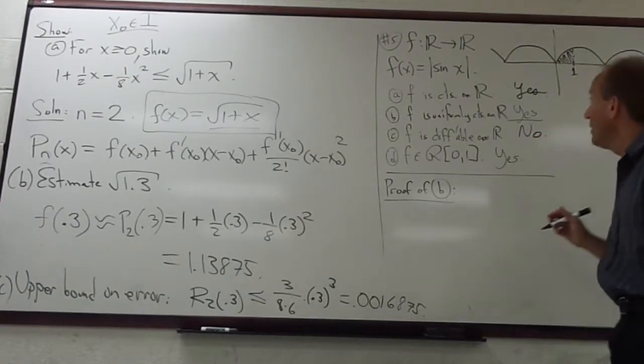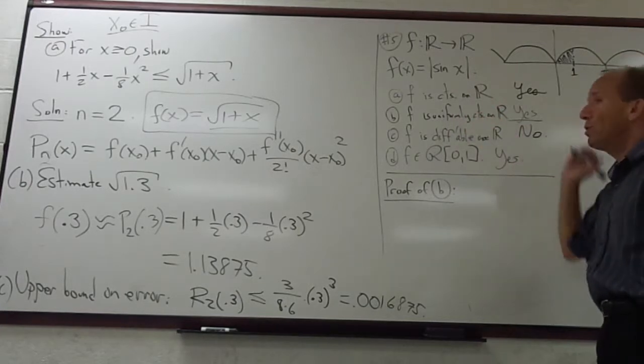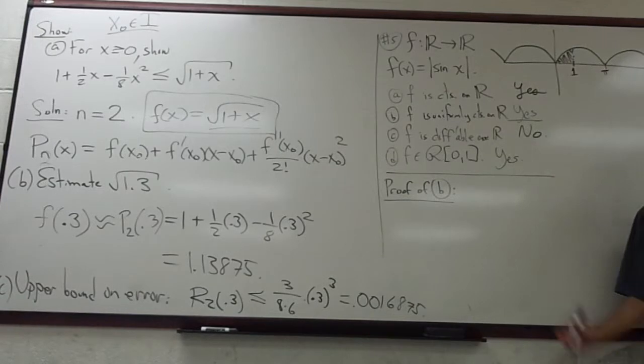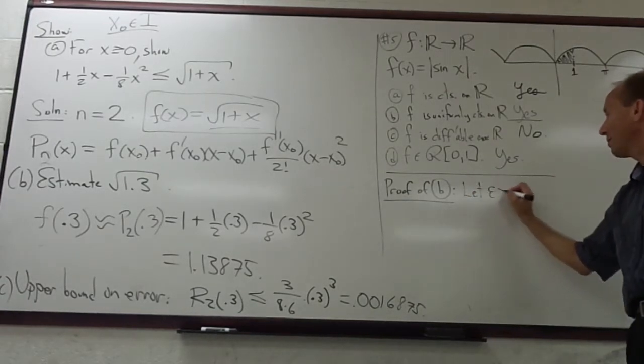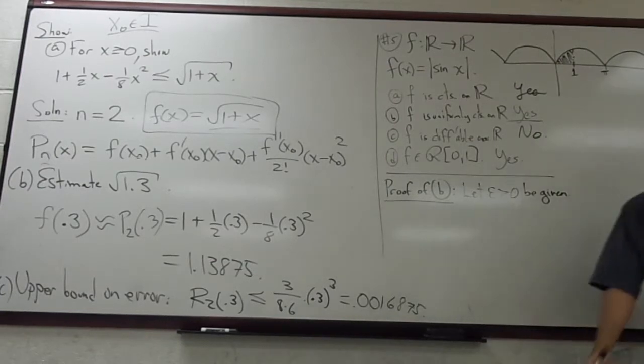So to prove from definition that f is uniformly continuous on R, how do I start? Good. Let epsilon greater than 0 be given, which we've been doing for weeks.